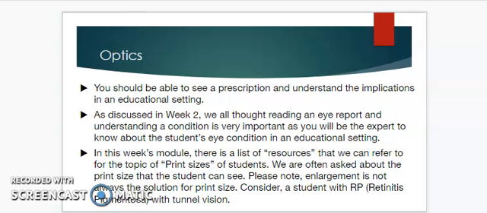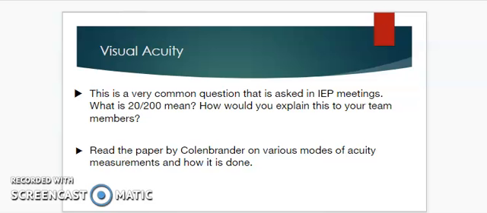You will have non-optical solutions. You'll have to consider lighting, glare, positioning, and the environmental setup for the student with low vision. You'll have to think about all this in your accommodations after you determine needs through a functional vision assessment.